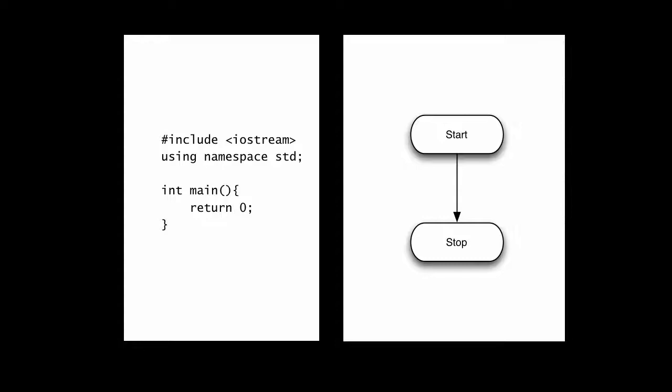Does this program do anything useful? No. But if you were to type that into the computer, and we'll talk about this next class, the actual process of editing and compiling code, that would give you a program that would run and do nothing. Is it useful to have a program that does nothing? Oddly enough, it is.